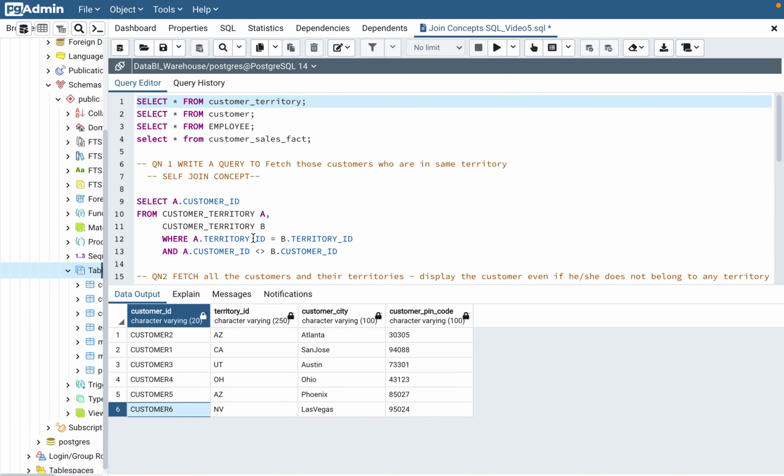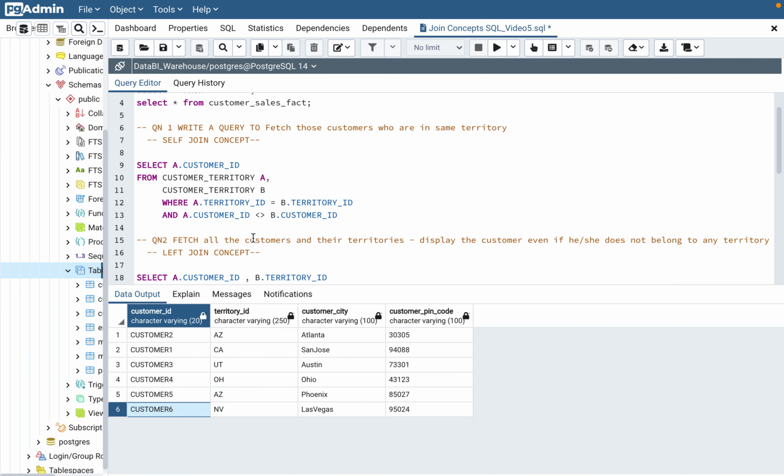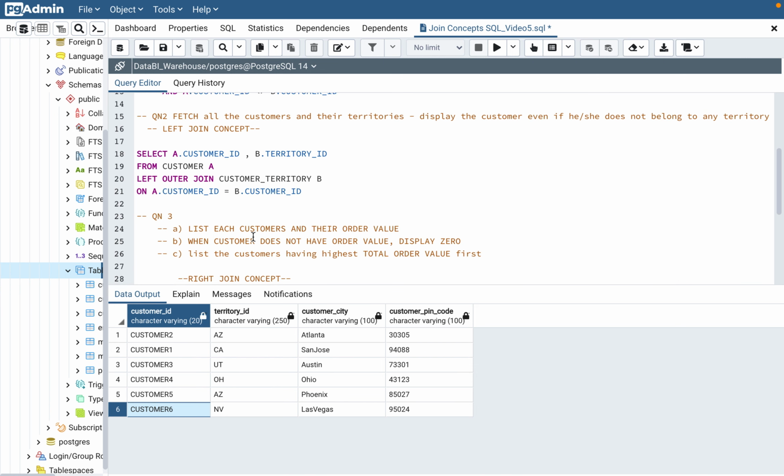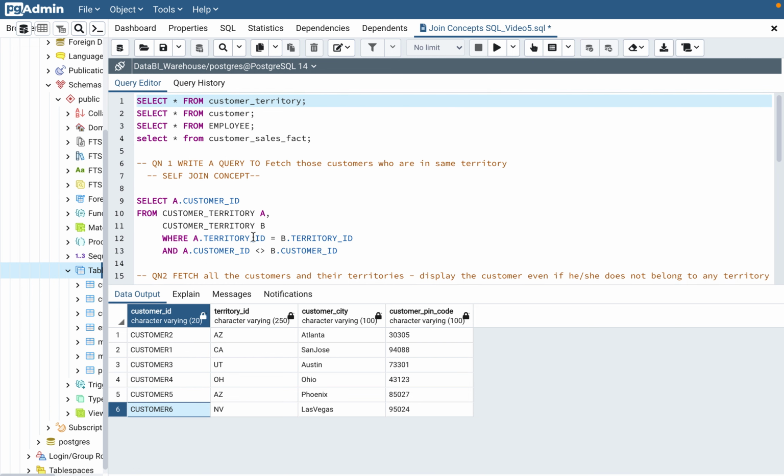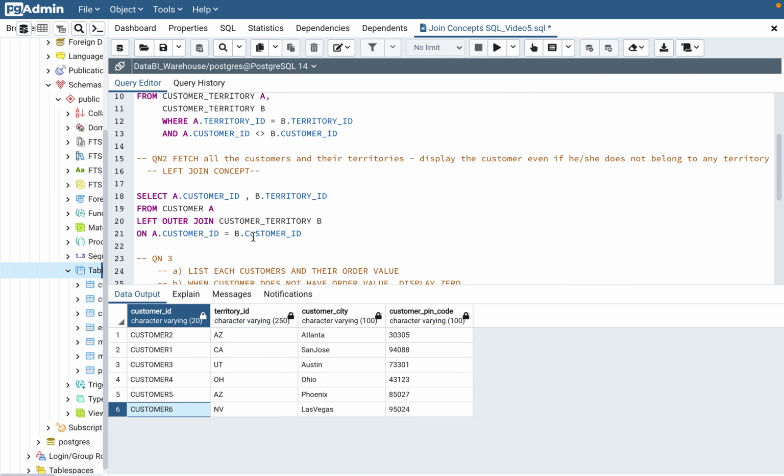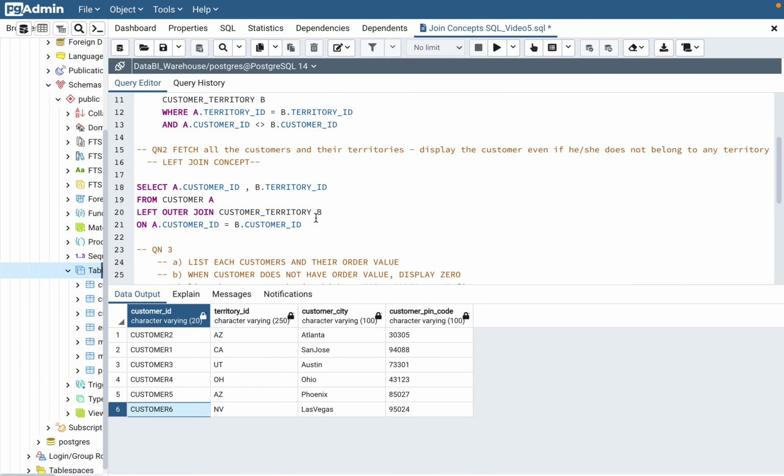So what will happen if you just do a simple inner join? Let's do an inner join. Inner join is also one of the concepts. So what is inner join? Customer and customer territory, you're joining based on customer ID, because it's a common column.